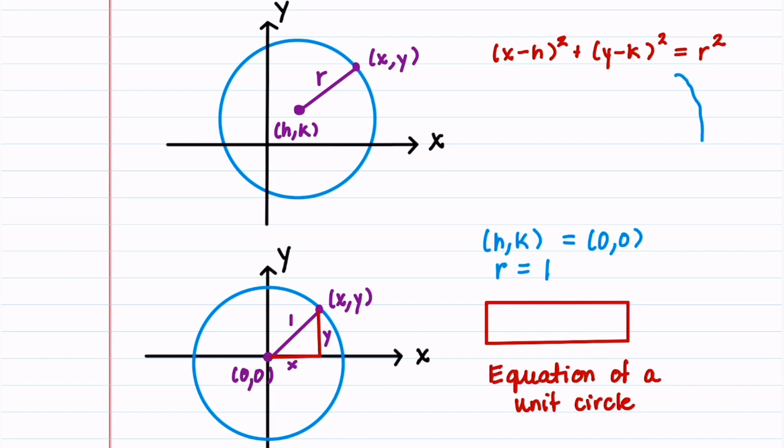So this equation of a general circle now becomes x squared, because h is 0, plus y squared, because k is 0, is equal to 1. This is the equation of our unit circle. I would definitely suggest that you memorize that.